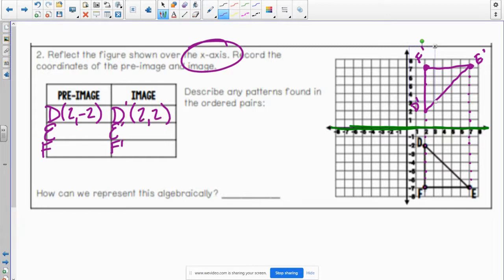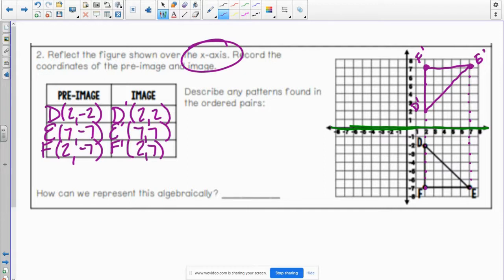E is at 7 and -7. And the image, the prime, is at 7, 7. F is at 2 and 7. I'm sorry, I looked at the wrong one. F is at 2 and -7. And then F prime, this one's at 2, 7.